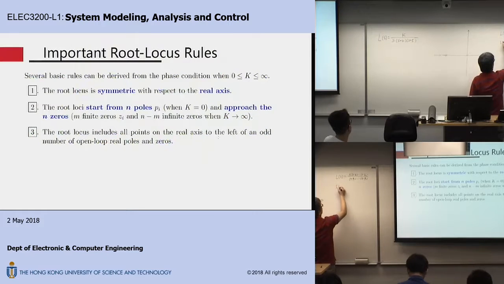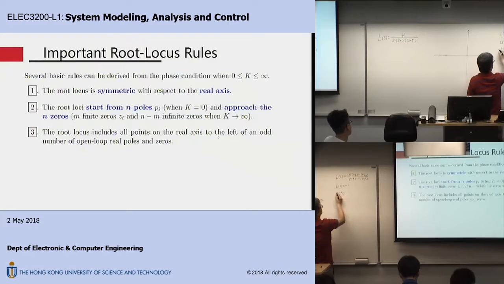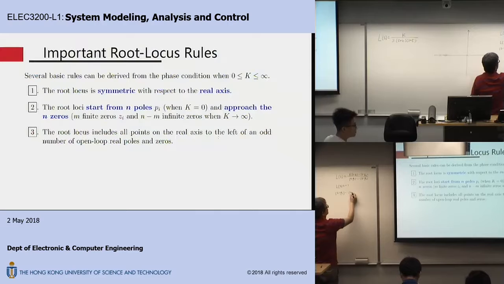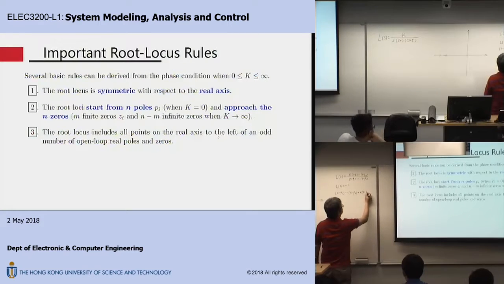So when you say L(s) is equal to minus 1, what does that mean? It means that (S minus P1) through (S minus Pn) plus K times (S minus Z1) through (S minus Zm) is equal to 0.